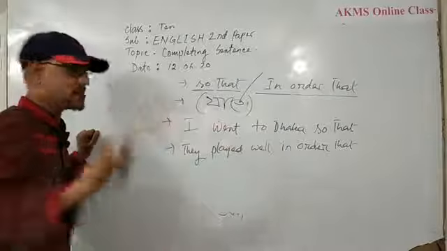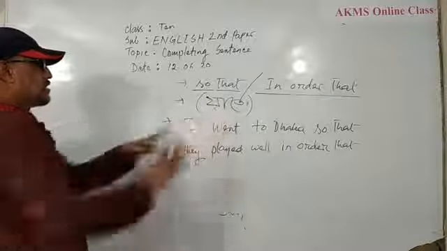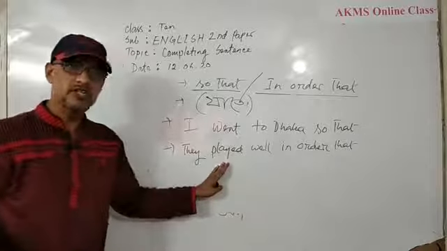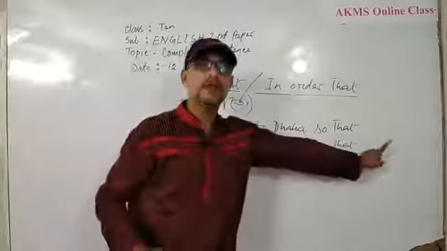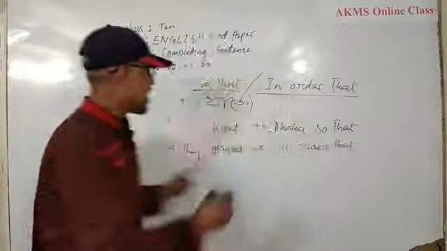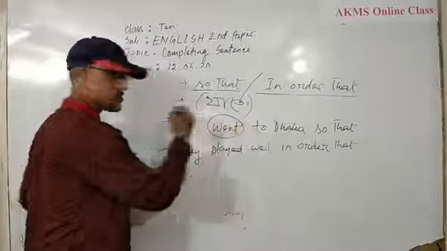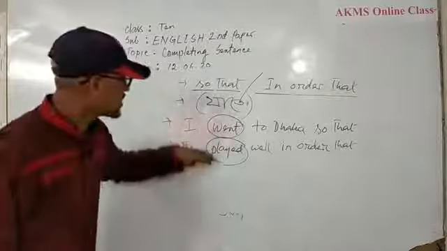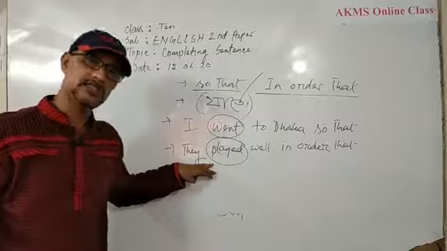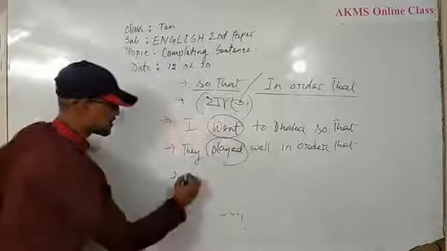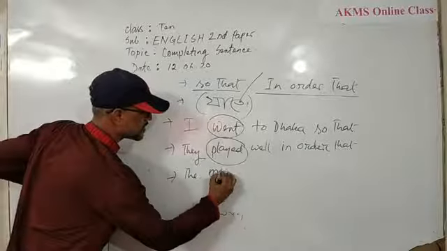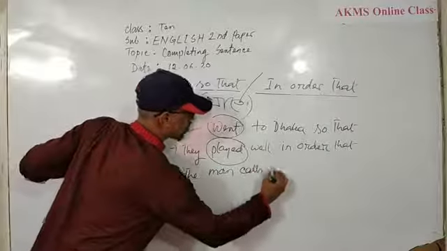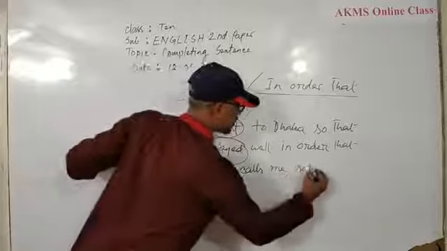I am writing just two sentences only. The first part will give you information about what type of verb you will write. I have used here went, played. You can see both the verbs are in past indefinite tense. I can write: the man calls me so that.